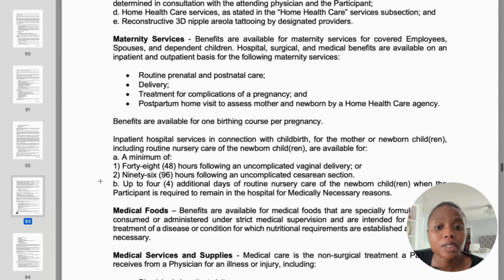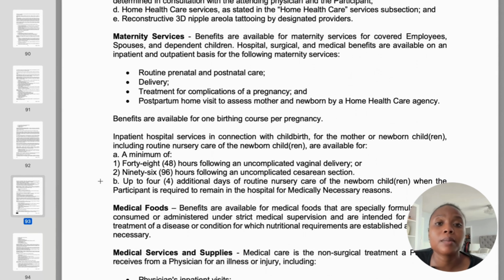And also here, we saw in the medical benefits section that inpatient hospital stays were covered. But here you have more information about the timing of those stays. So they cover inpatient hospital services for a minimum of 48 hours following an uncomplicated vaginal delivery.